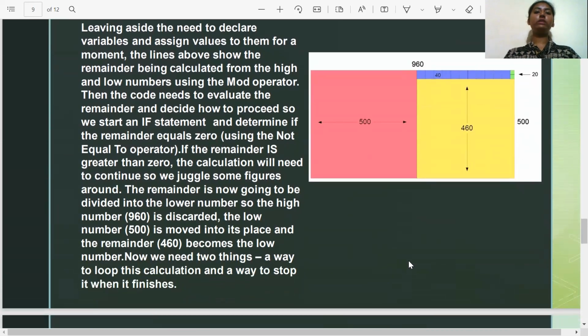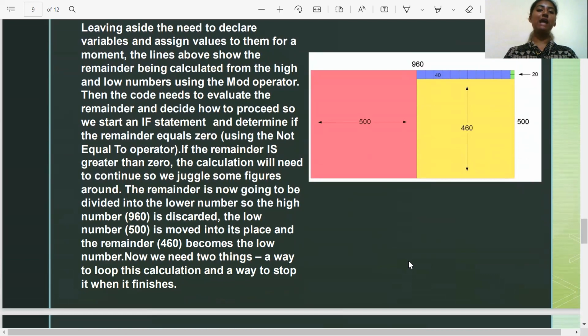Leaving aside the need to declare variables and assign values to them, the lines above show the remainder being calculated from the higher and lower number using the mod operator. Then the code needs to evaluate the remainder and decide how to proceed.